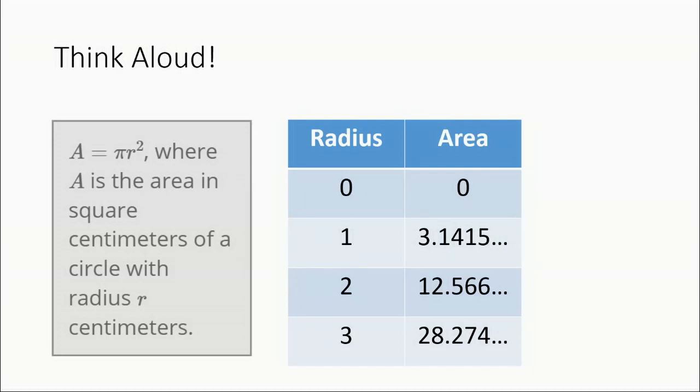You can see that's a repeating decimal. If you do it again and replace the radius, instead of 1, with a 2, then you have 4 times 3.14, and you're going to get about 12. It looks like it's about 13 if you round up, right? And then here you have 3. When there's 3, you have about 28, because if you round down, it's about 28.